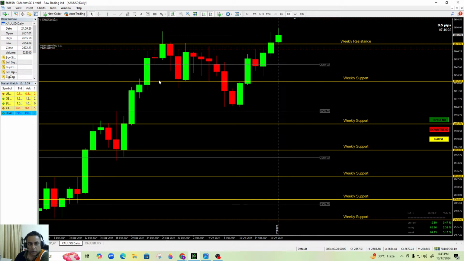So when price doesn't have a bottom wick, you'll see price pull down for liquidity below that candle, below that wick. It doesn't have to happen on the same day. It can happen tomorrow. It can happen a few days after that. But you've got to just keep that in mind, that candle has no bottom wick, and that candle is exactly at weekly resistance 2672.